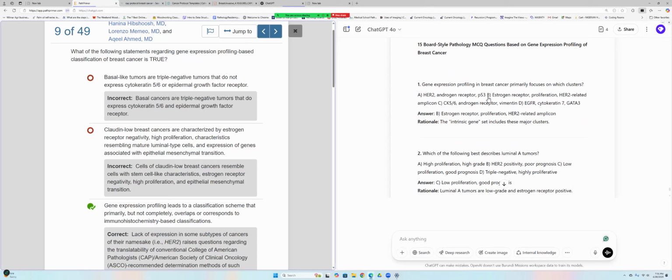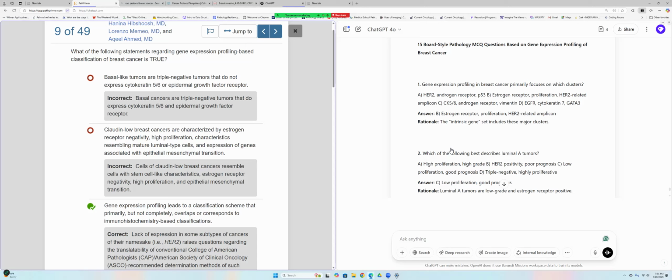Gene expression profiling in breast cancer primarily focuses on which clusters? Estrogen receptor, proliferation, and HER2 related amplification.